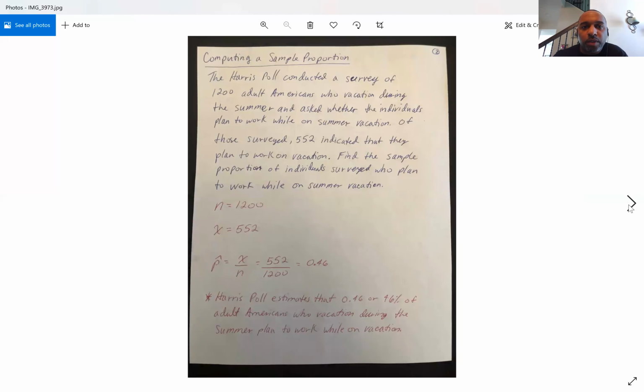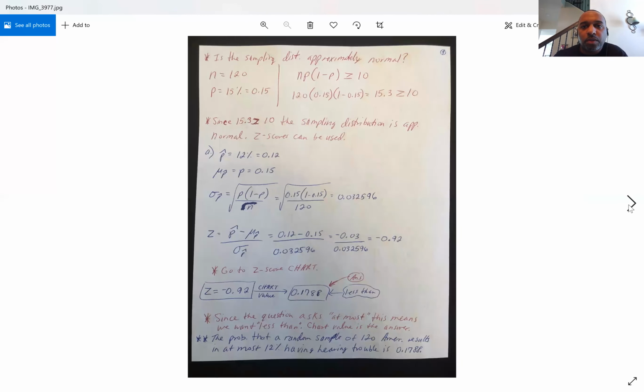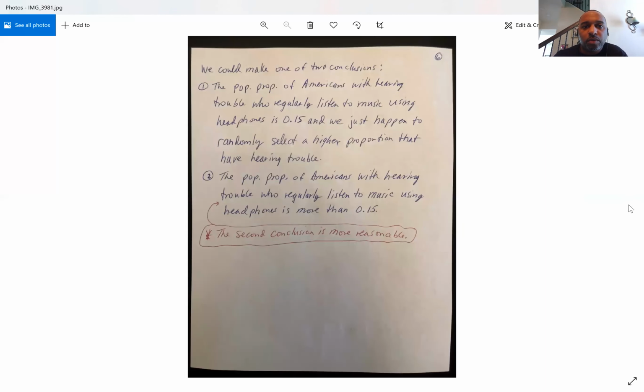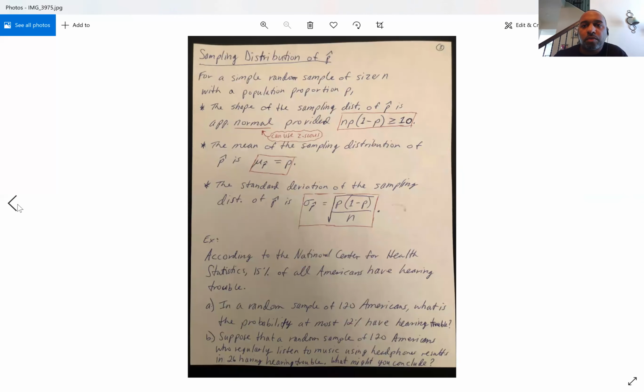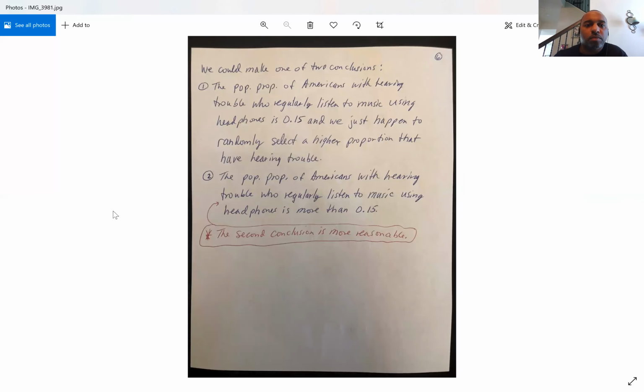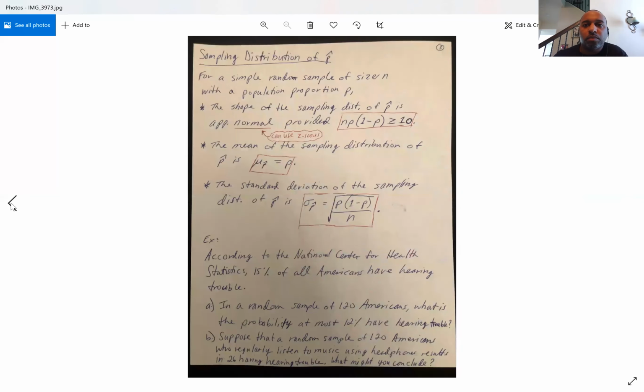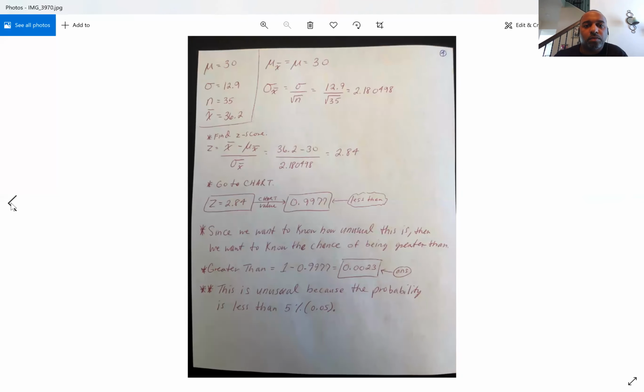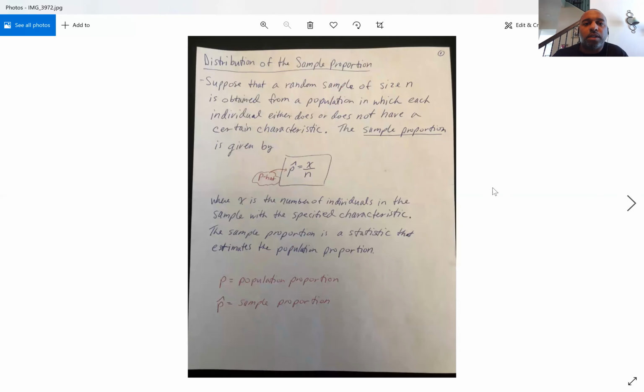Let me see if that was it for 8-1. Okay, so that was the last. They only had those two examples for 8-1. Let's see, do we want to jump into 8-2 today?